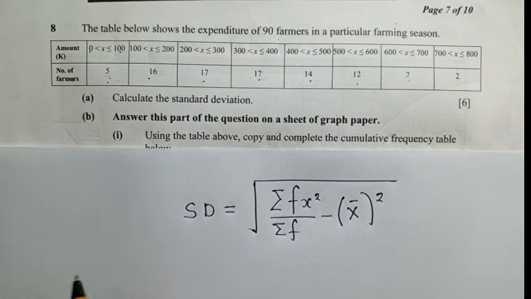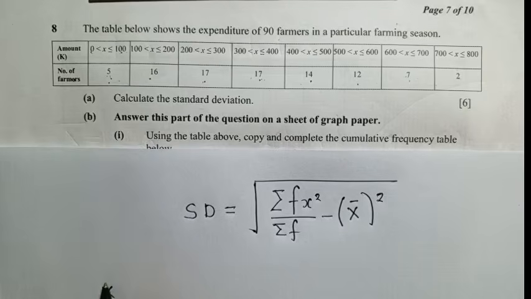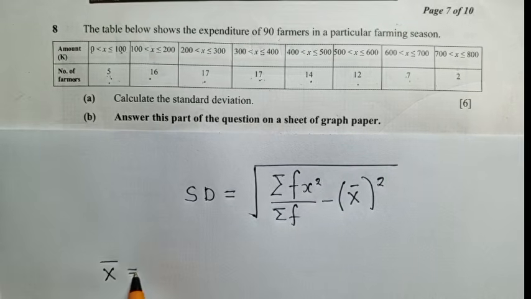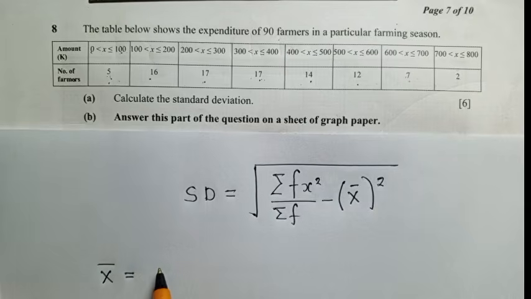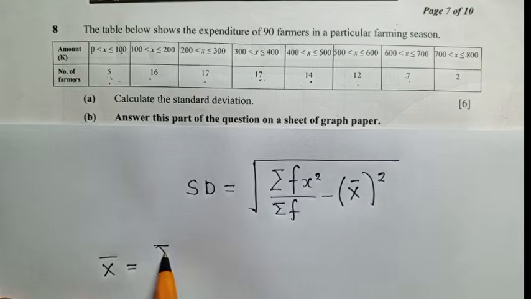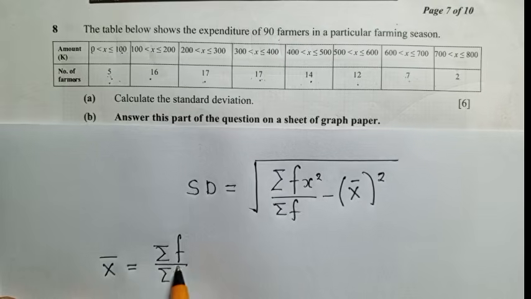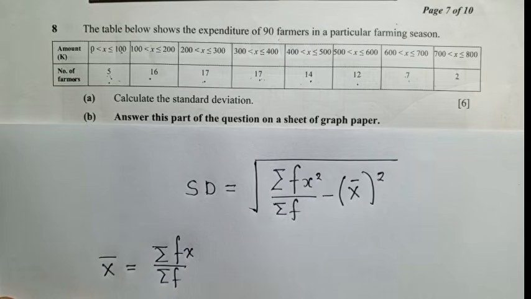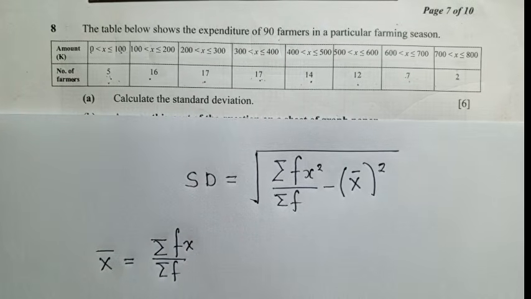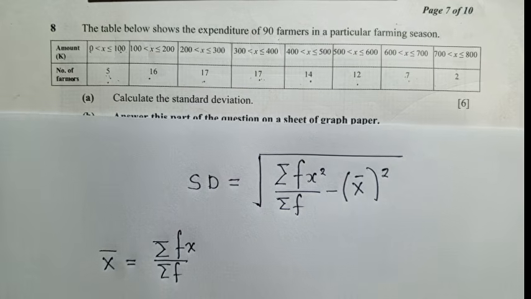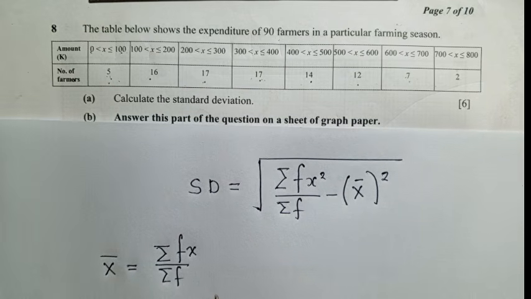So to find x bar, which is the mean, there is a formula we need to rely on, and this is the formula over here. This is the formula we need to use to find the mean, x bar.